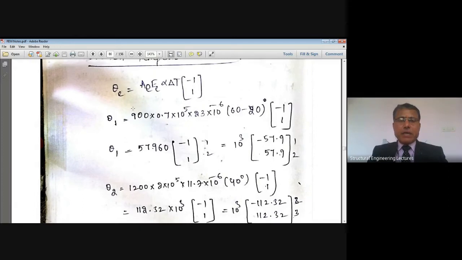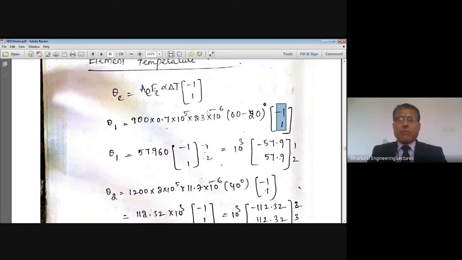For the first element, area is 900 mm square, Young's modulus is 0.7 × 10^5 Newton per mm square, and alpha is 23 × 10^-6 per degree centigrade, multiplied by delta T. Delta T is T2 minus T1; the temperature is raised to 60 degrees starting from 20 degrees, so T2 minus T1 is 40 degrees centigrade, times minus 1, plus 1.